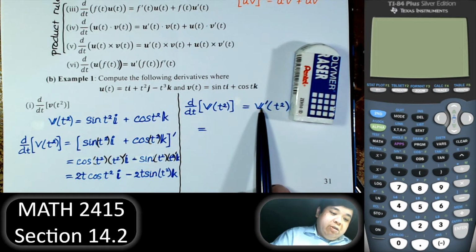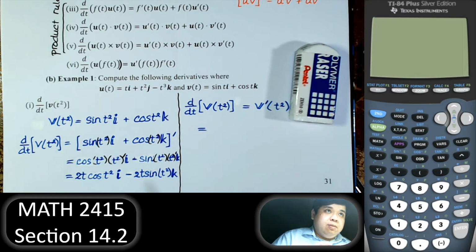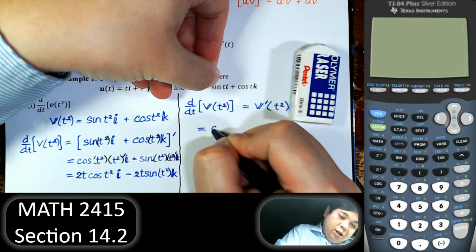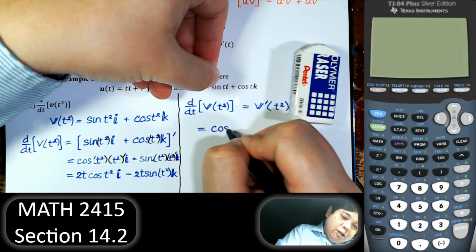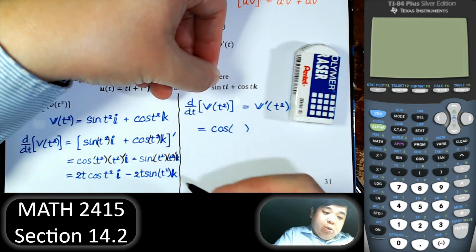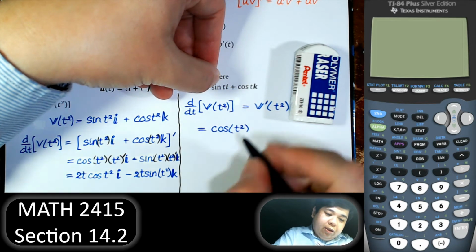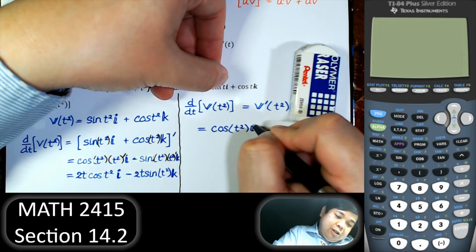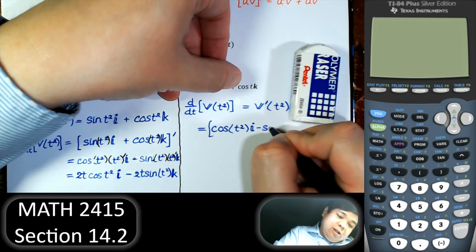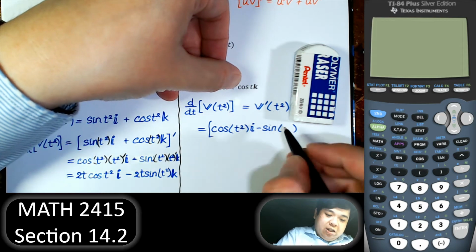Now we will take the derivative of v, but we're going to put t squared into it, right? So the derivative of sine t is cosine, and then we're going to put t squared into it times i. The derivative of cosine is negative sine. Doesn't matter what is inside, but inside is t squared.